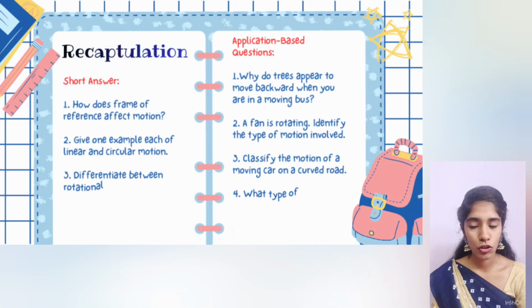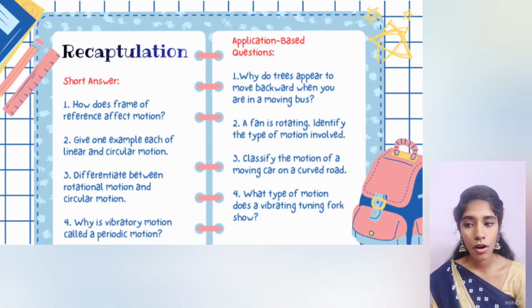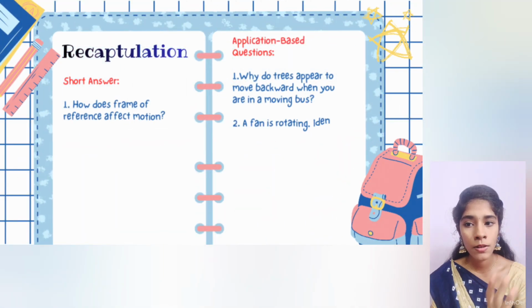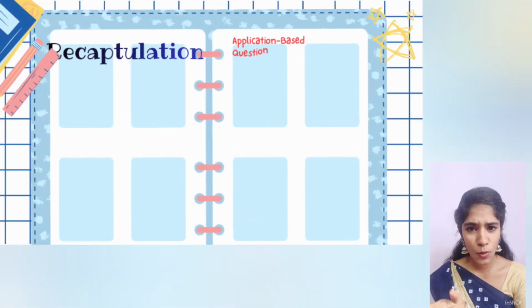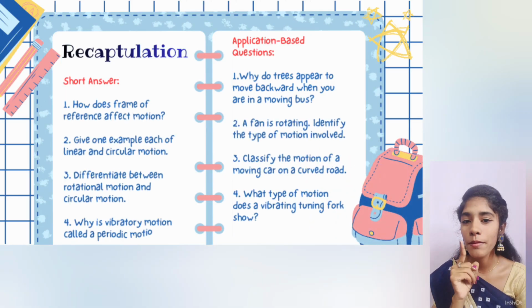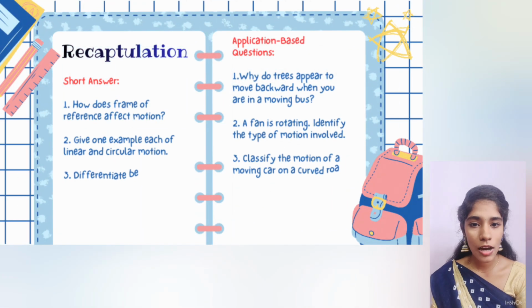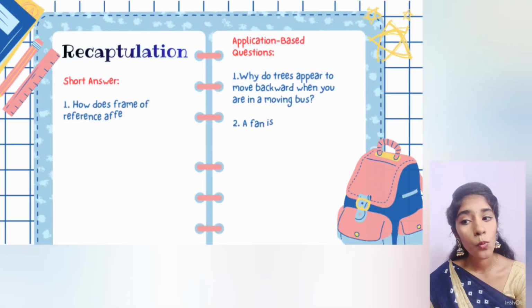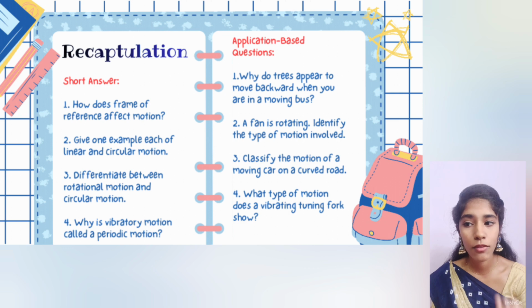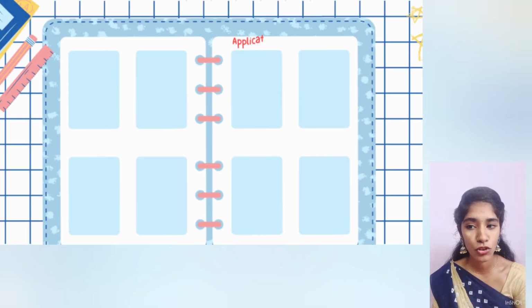Next, recapitulation. I have given 4 short answer questions and 4 application-based questions. So try to answer these questions in the comment box. I'll be waiting to see your responses. I'll be reading out the short answer questions. First question: how does the frame of reference affect the motion?